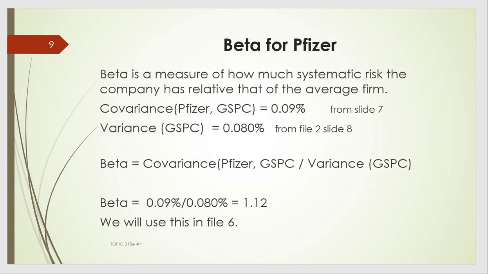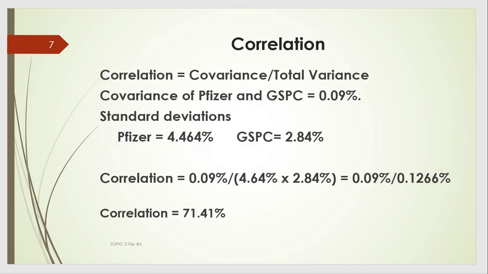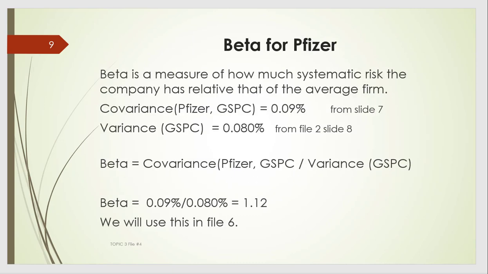To come up with beta, what we're going to do is divide the covariance by the variance of the index. The variance of the index came from the previous slide, but if I go back one, all I have to do is go back and I have the standard deviation for the index. I'd have to just square it to get the variance. So the variance of the index is 0.08%.